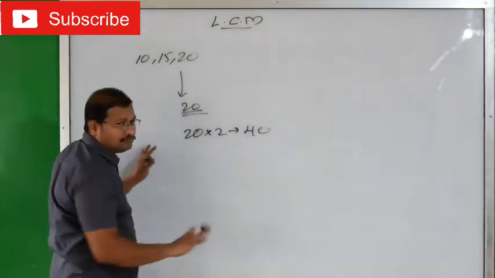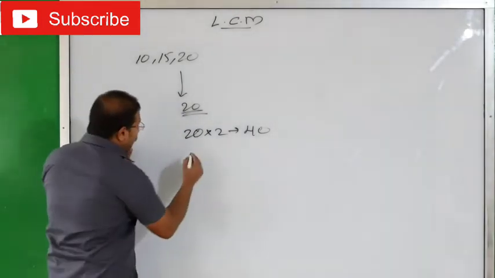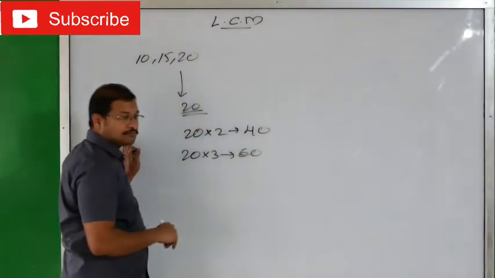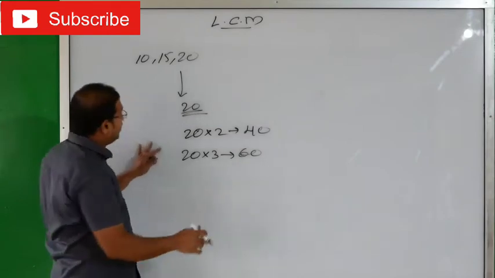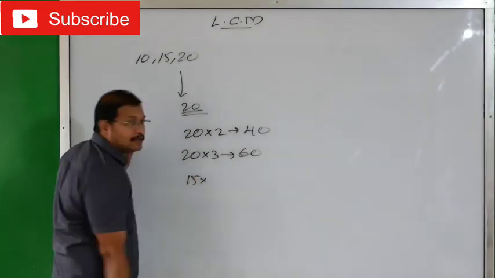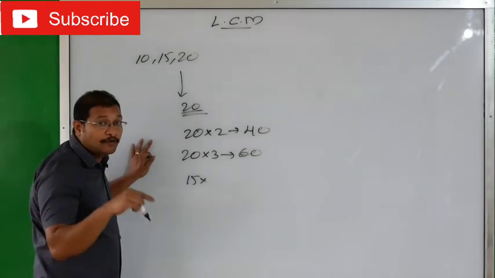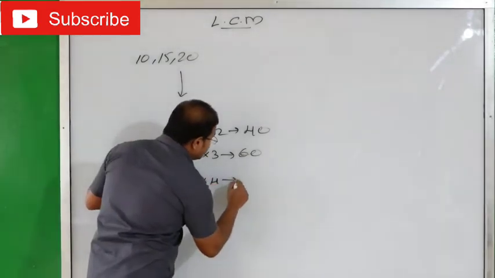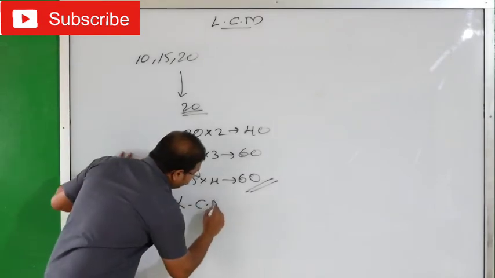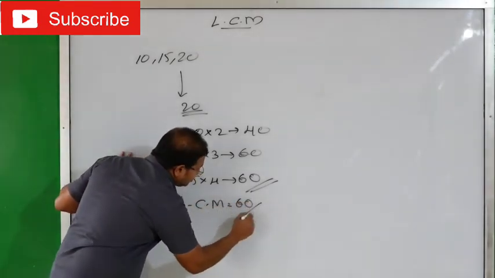But of course 15 you can't divide, isn't it? So we'll try 20 into 3. What is that? 60. You know that by 10 we can divide it. Now let's see 15. 15 into how much will you get 60? 15 fours are 60. That shows that LCM is 60.